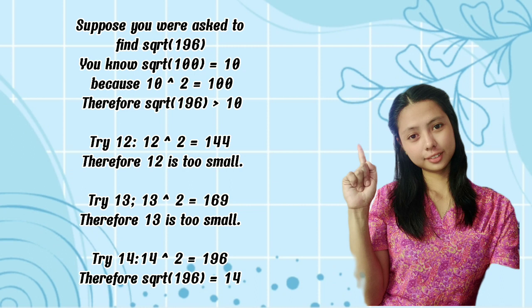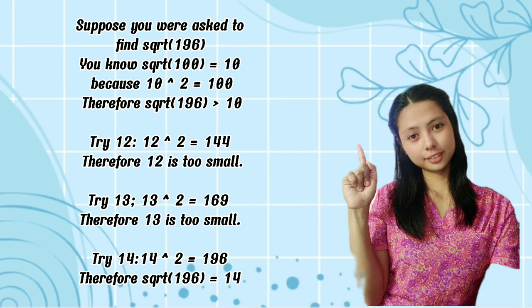Therefore, 12 is too small. Try 13. 13 squared is equal to 169. Therefore, 13 is too small. So we have to try 14. 14 squared is equal to 196. Therefore, the square root of 196 is equal to 14.